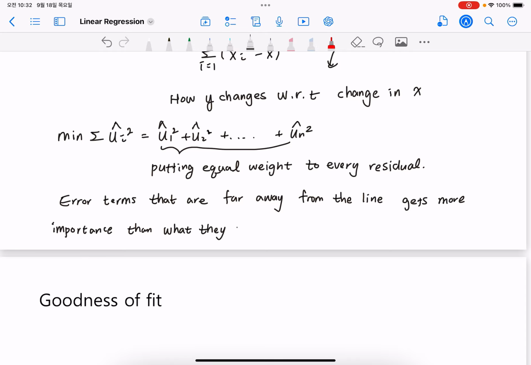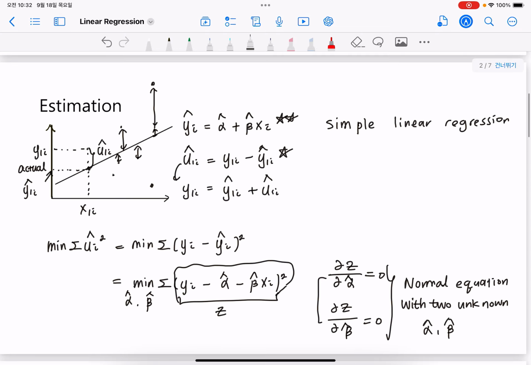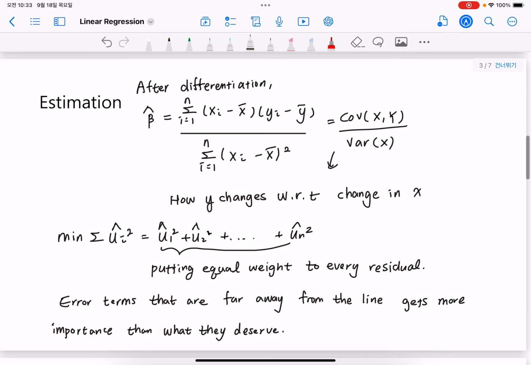So that is a limitation of OLS. OLS is the ordinary least squares, and this is basically showing you to minimize the squared sum of residuals. That's why it's called OLS.